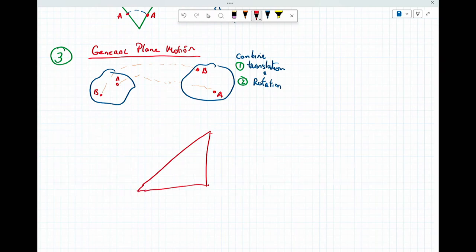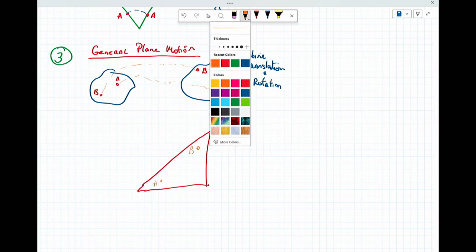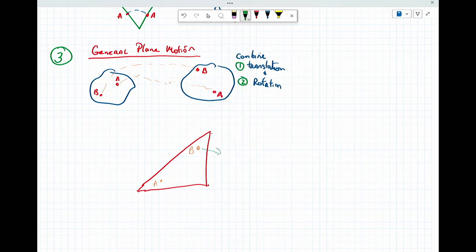So I have an object, it has a point A here and a point B, and let's say we have V sub B here and V sub A. So we have objects that can have different velocities at different points in time and different velocities in terms of both magnitude and direction.